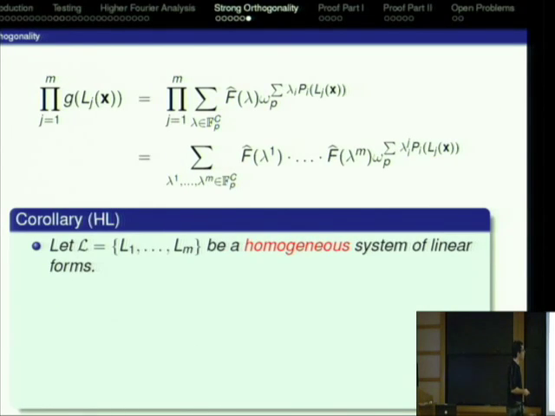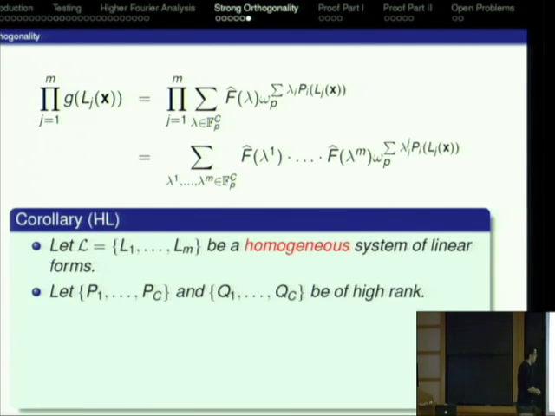Now, what is the corollary to these lemmas? Consider a homogeneous system of linear forms L. And let's look at two sequences of polynomials which are of sufficiently high rank, and they have the same degree sequence. So the degree of pi is the same as the degree of qi. Now, let's look at this average.